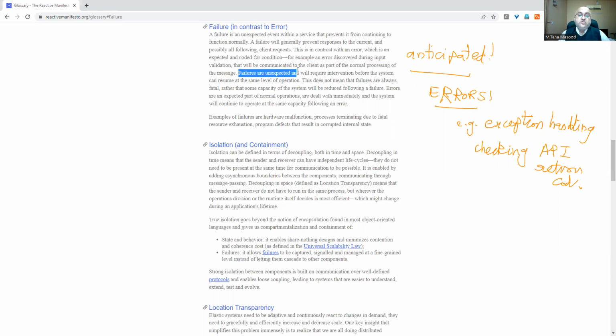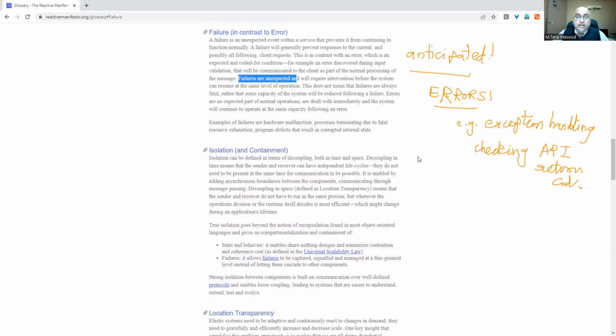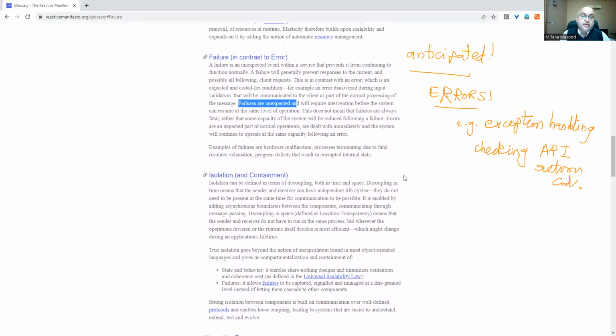Failures are unexpected. So the key thing is a failure is unanticipated, basically, and will require intervention before the system can resume at the same level of operation. This does not mean that failures are always fatal.